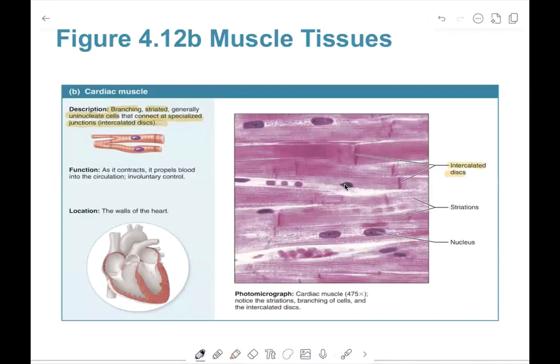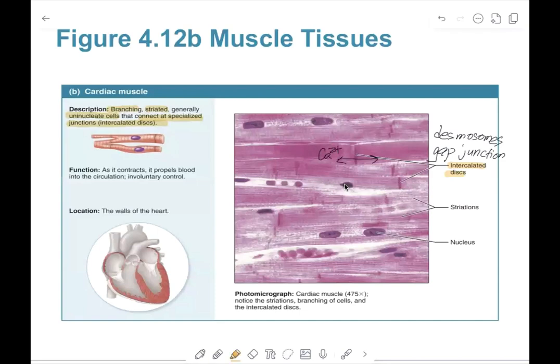And these intercalated discs are used for communication, and they're made up of 2 structures that you learned about in chapter 3 called the desmosomes and the gap junction. Remember, the gap junction specifically has proteins called connexons that act as tunnels so that calcium can quickly move from one cell to another. A very important role of cardiac muscle.